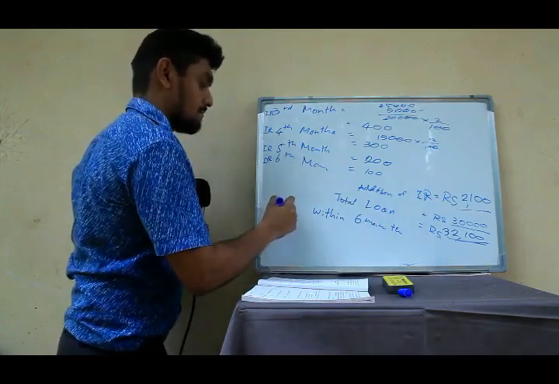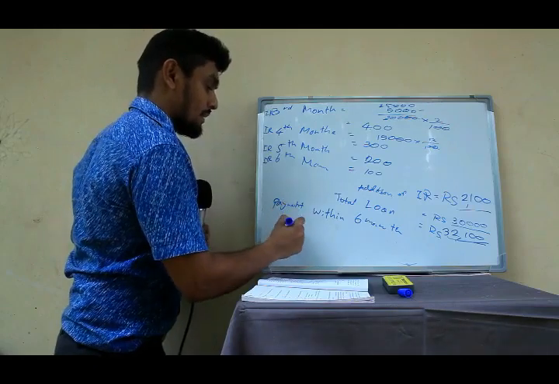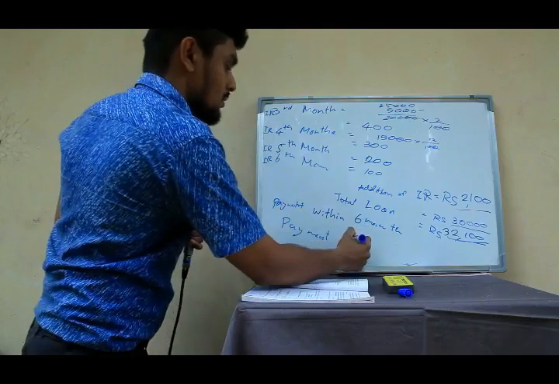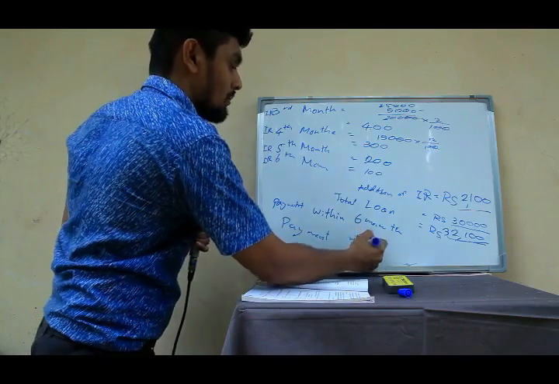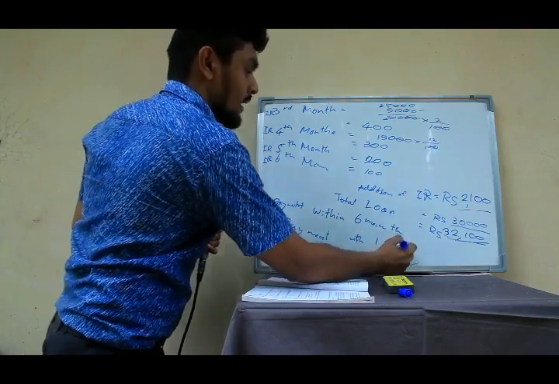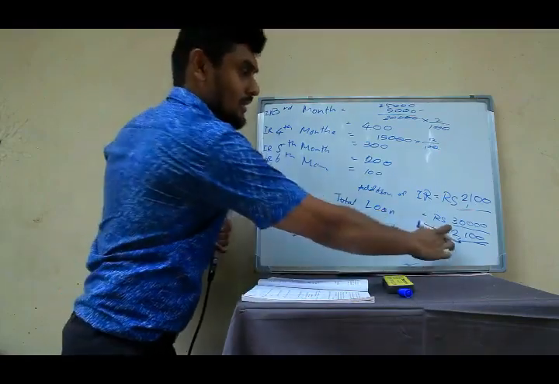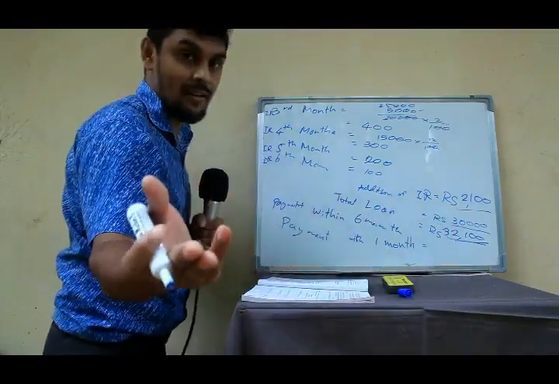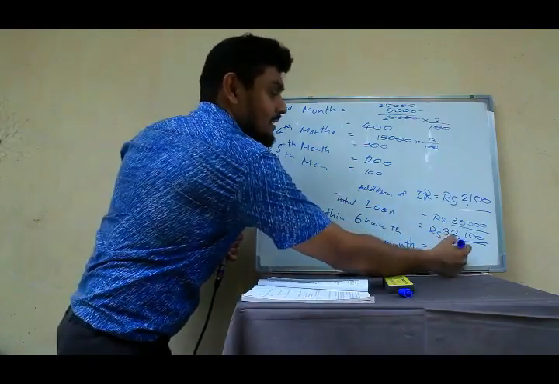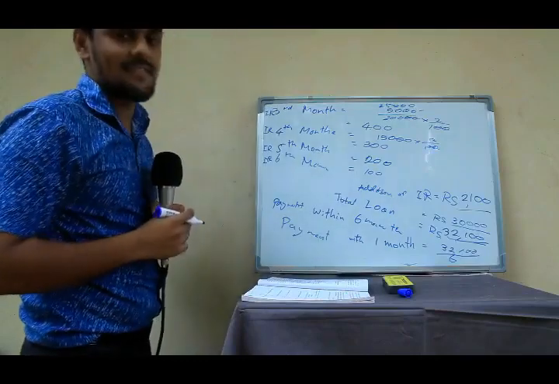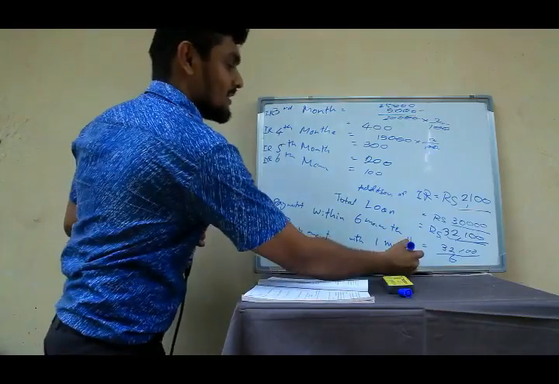So the payment or installment within 1 month, what is the value? That is what they are asking. There is a 6 month period, so this 32,100 you have to divide by 6.